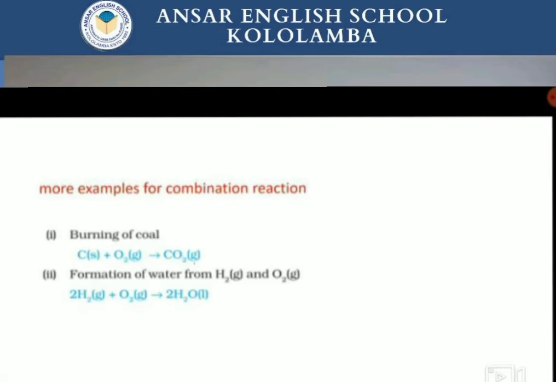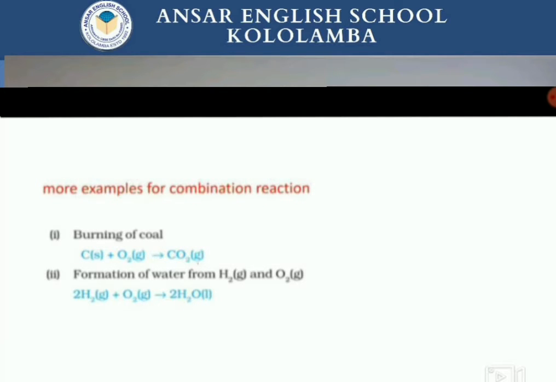In the second example, formation of water from H2 and O2, hydrogen and oxygen combine together and form H2O. So, from this we can understand that 2 reactants combine together and form a single product. This is a combination reaction. Let's move to the next one.